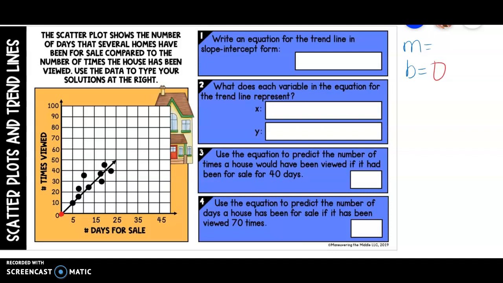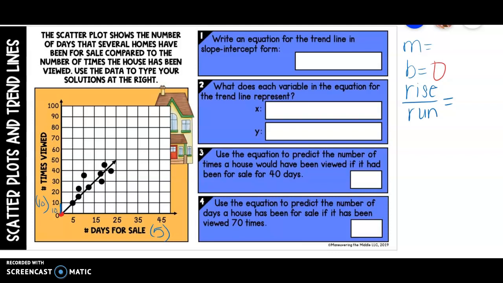Then you have your slope. So we still need to do rise over run, but I'm going to factor in my scaling. I noticed that the scale on my x-axis is going by 5 and my scale on my y-axis is going by 10. So I'm going to go up 1, but it's really 10.